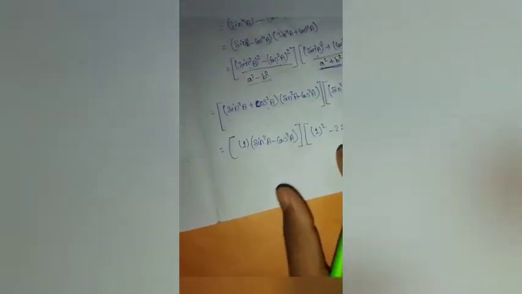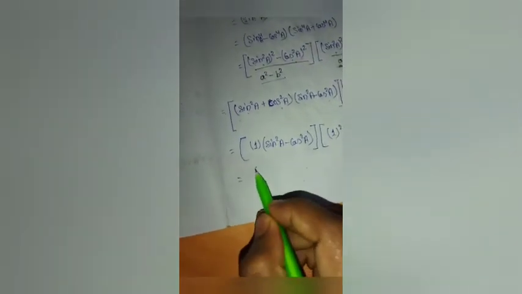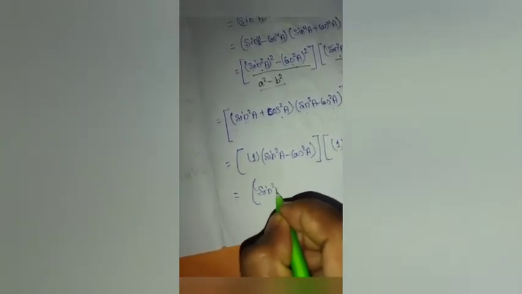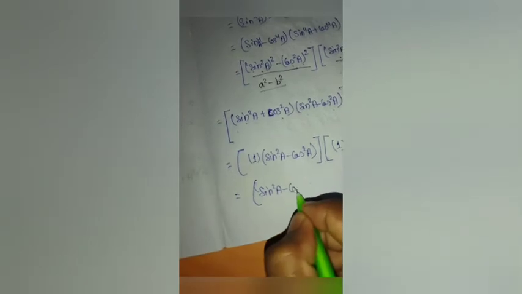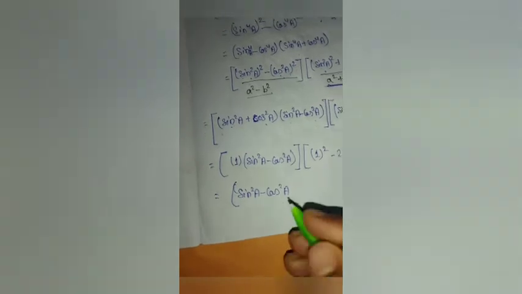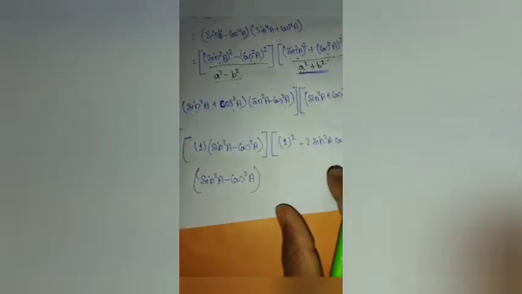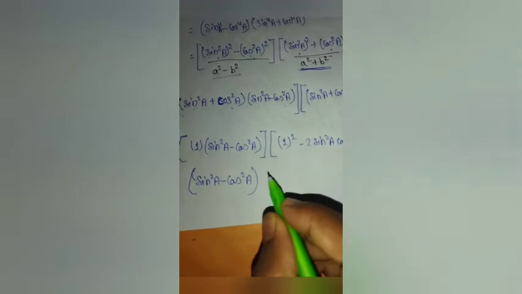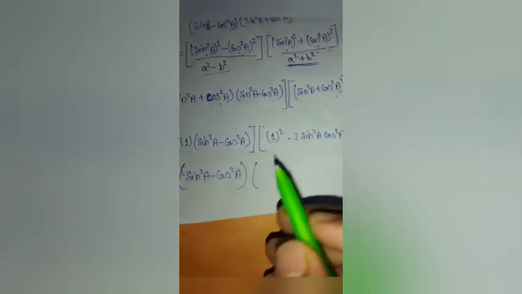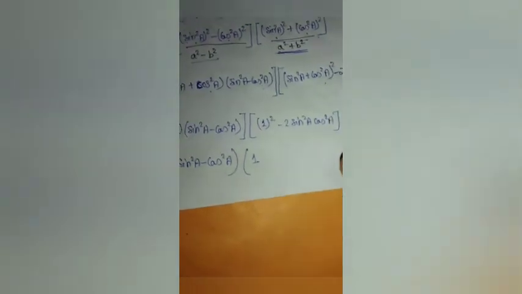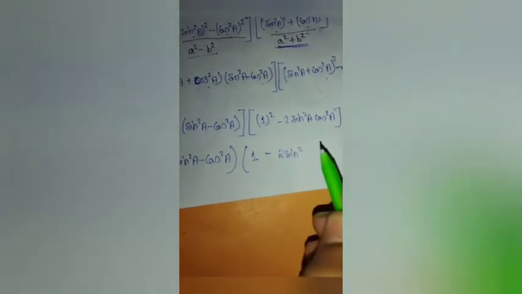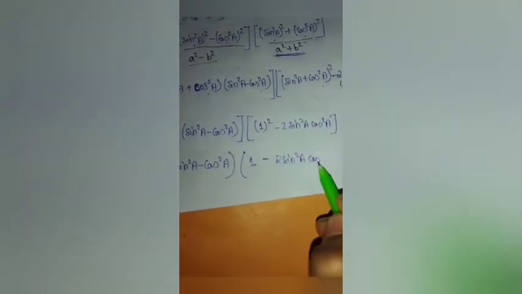Now we're going to arrange it in a proper way. So it will be (sine square a minus cos square a) into 1; of course, 1 multiplied with any number remains the same. And over here it will be 1 square, which is 1, minus 2 sine square a cos square a.